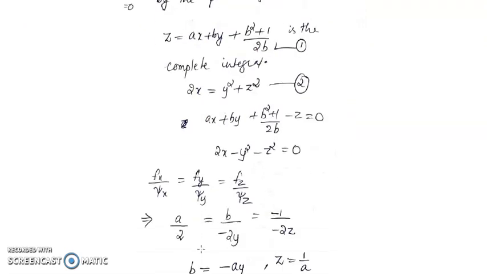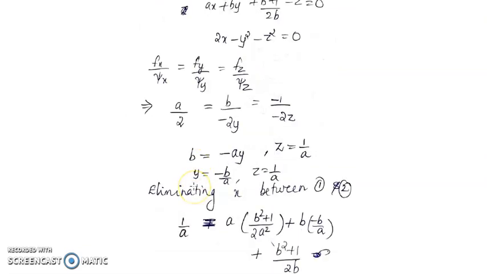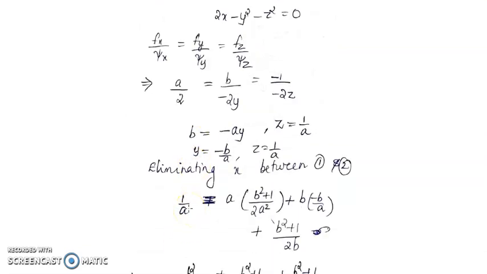So that will give us 1 by a equal to a times b square plus 1 by 2a square. We get that from here. Okay, x is equal to y square plus z square by 2. So that is b square plus 1 by a square into 1 by 2, plus b times y, where y is minus b by a, plus b square plus 1 by 2b.